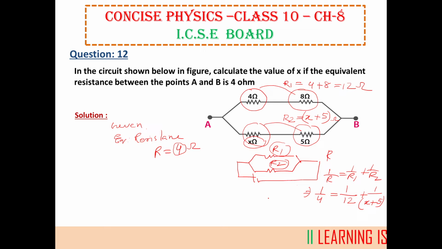So on simplification we can get like this. If I cut 4 3s, so it will be 1 equal to 1 by 3. Sorry, it will not get cut because it is 1 by 12.